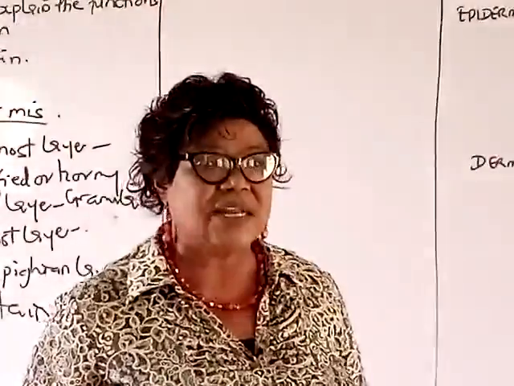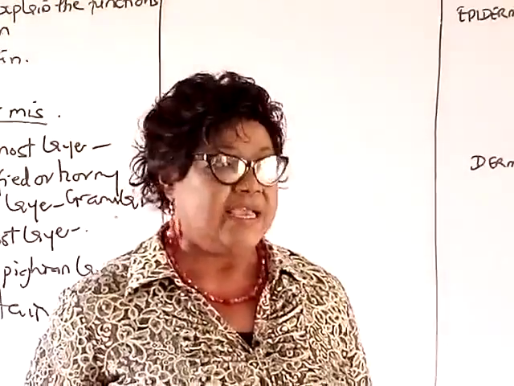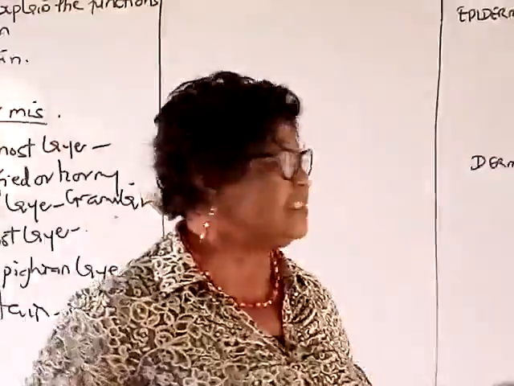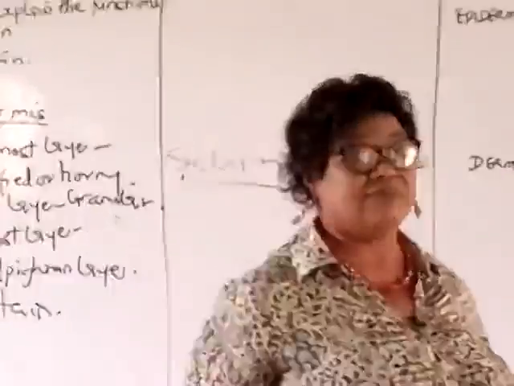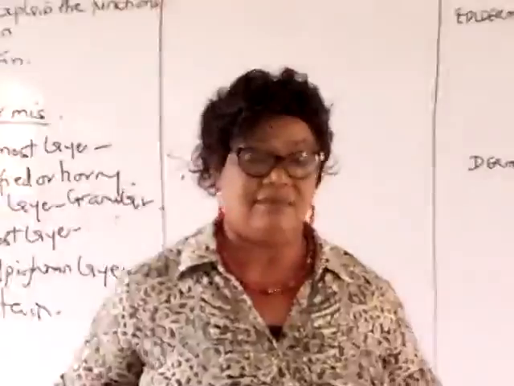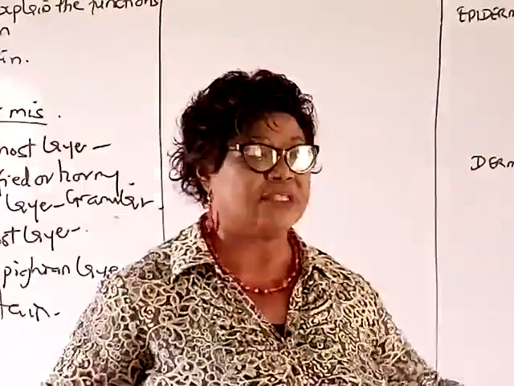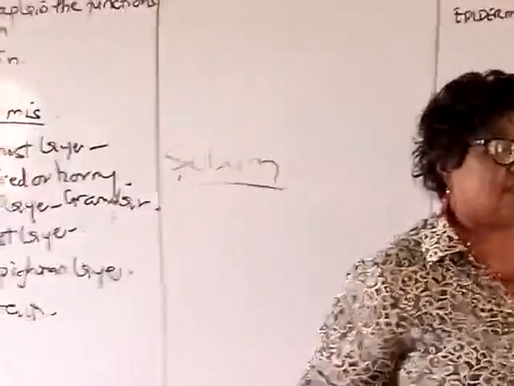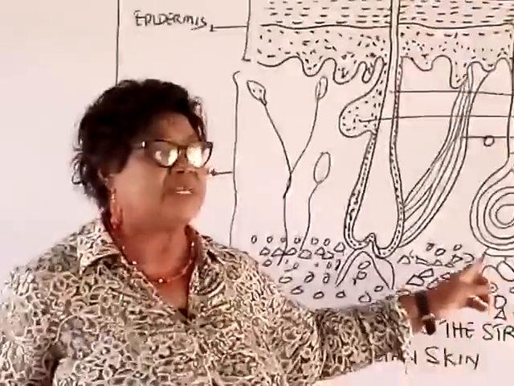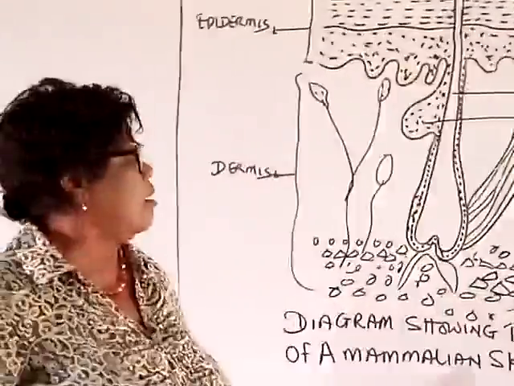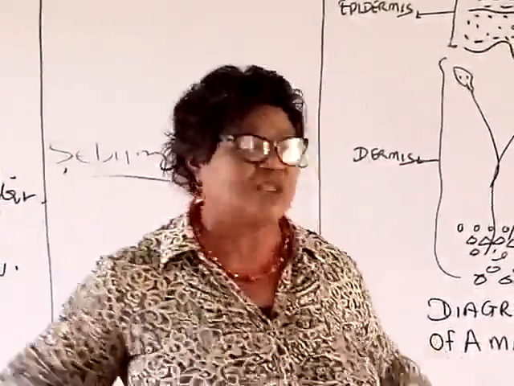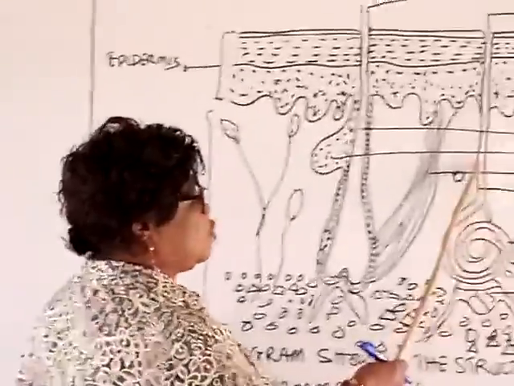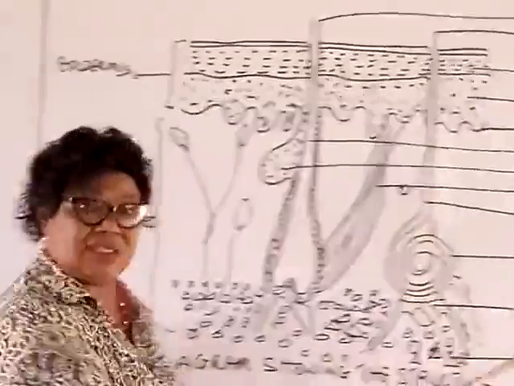And what does the sweat gland do as a coiled structure? It is surrounded by blood capillaries or blood vessels. And most of the time they absorb water from the surroundings through the blood vessels into the sweat gland. And from the sweat gland, the fluid absorbed from the blood capillaries moves into what we call the sweat ducts.